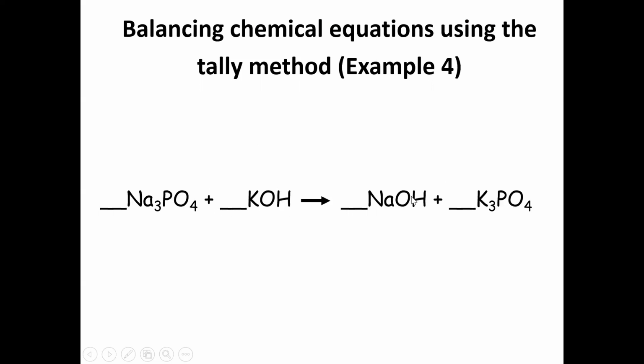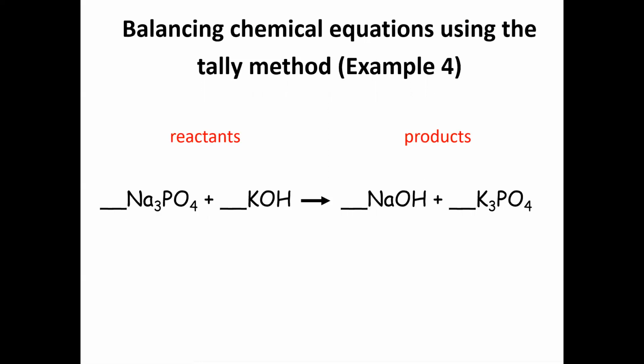And similarly, you have oxygen in sodium hydroxide, and you also have oxygen in potassium phosphate. If you see something like that, don't start with oxygen. Try and pick an element that doesn't appear in more than one formula on the same side, either side of the equation.